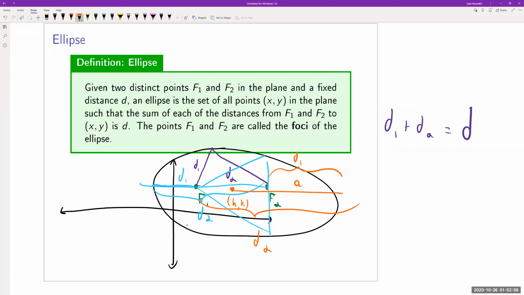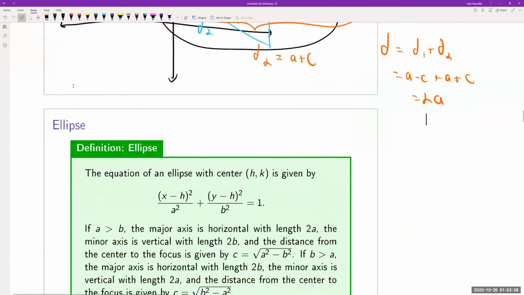Well, notice that since this distance here is A, if I call this distance C, then D1 is A minus C, and D2 is A plus C, since the foci are symmetric about the center. As a result, D, which is D1 plus D2, ends up being A minus C plus A plus C, or 2A. We can keep that in mind as we discuss the equation of the ellipse.